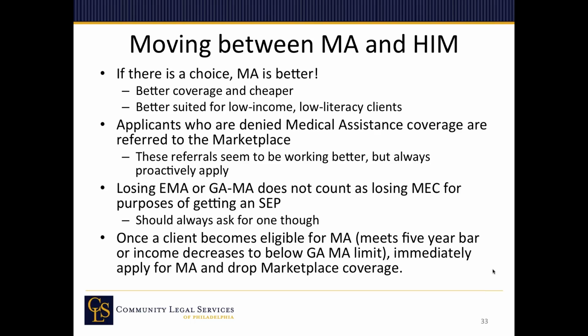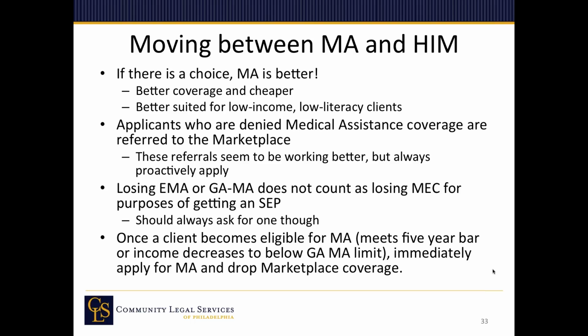Once a client becomes eligible for federal Medicaid or for state-funded MA, immediately apply for MA and drop marketplace coverage. So this could be somebody who was on the marketplace because they couldn't get federal Medicaid. They were 5-year barred, and so their only option was the marketplace, or somebody who is 5-year barred and whose income was a little too high for state-funded MA.